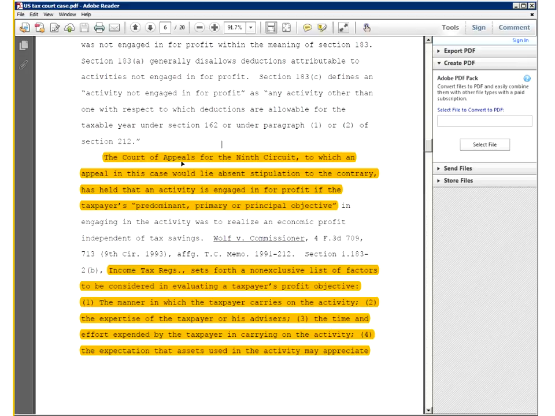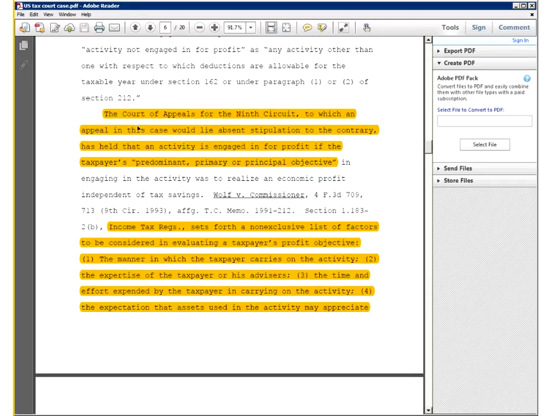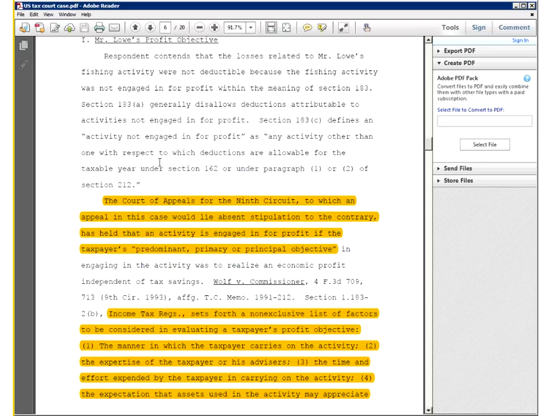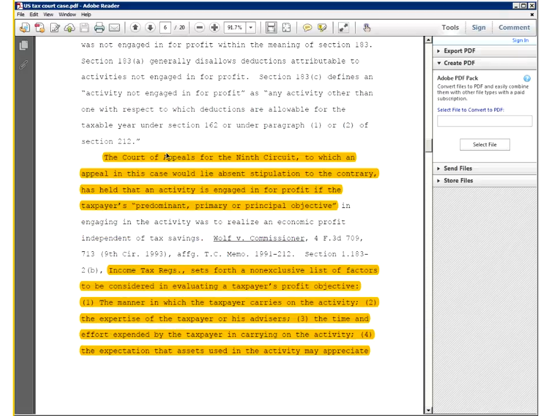The public only sees if there was an appeal done. So if an appeal is done, then the public can actually see the court documents and what the court found. So this has gone through a court of appeals. Let's keep going.